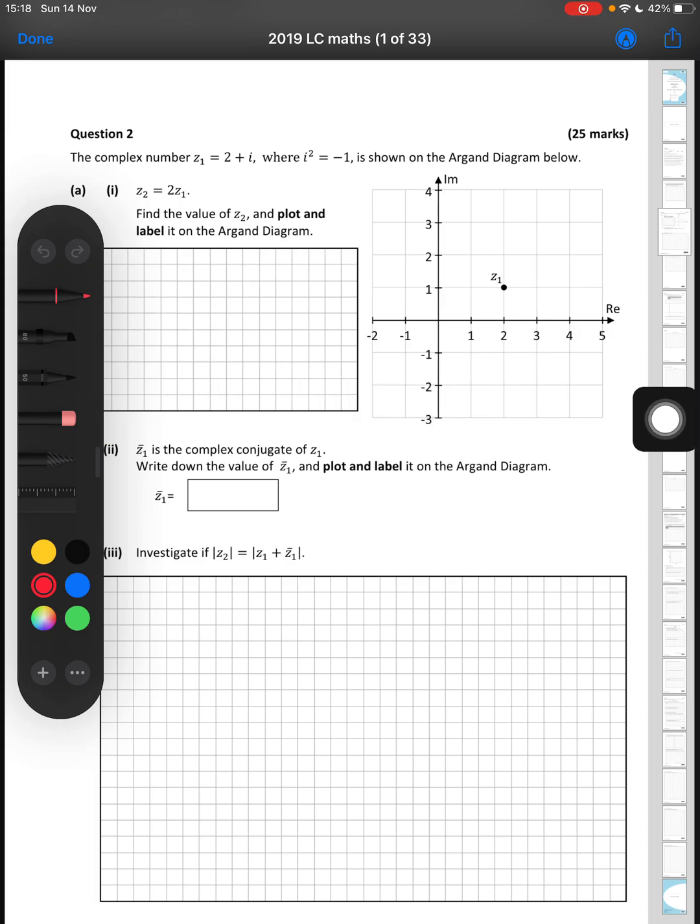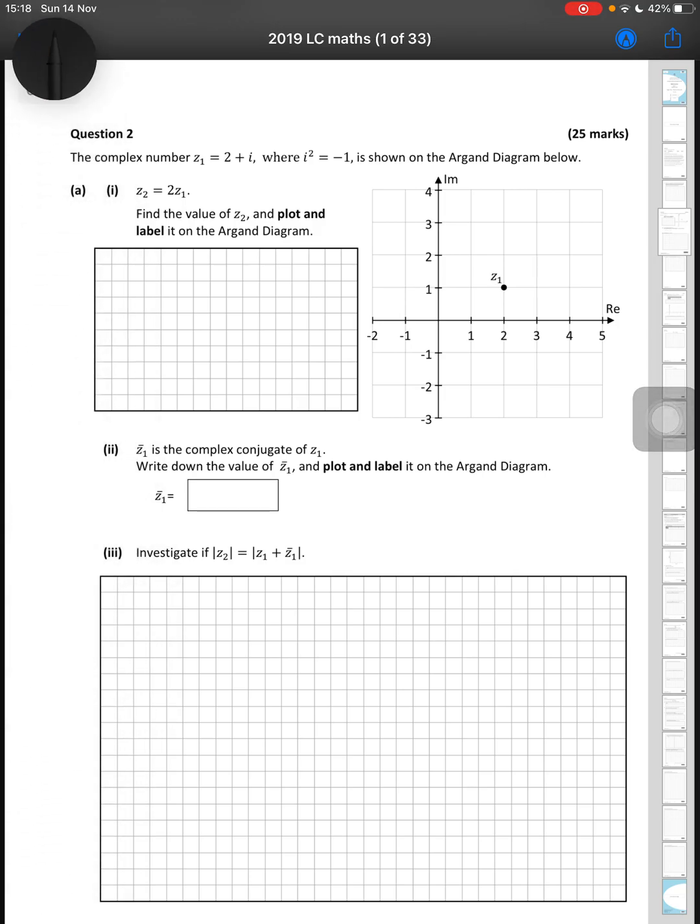Okay, so Z2 is equal to 2 Z1, and I know Z1 is 2 plus i. So here I'm going to say that it's 2 times, and I'm going to fill in what I know Z1 is, so 2 plus i.